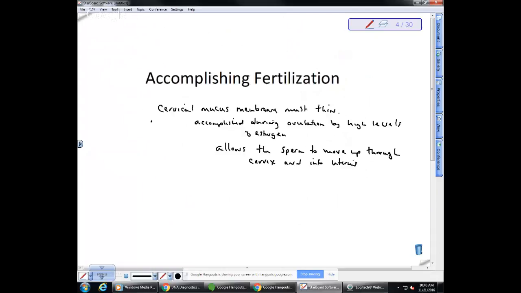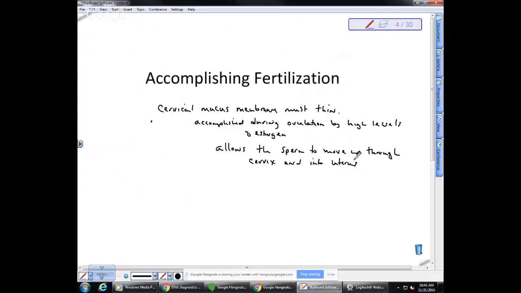Now, it is believed that the sperm actually use chemical sensing. Sometimes they refer to it as smell, right? So the sperm can actually smell the egg. They're not just moving up against gravity. They are able to detect chemicals that are being released by the egg, and they move towards them.